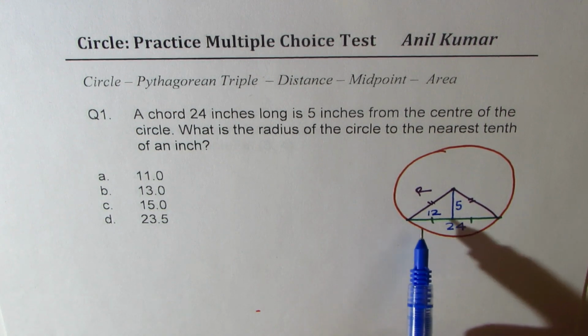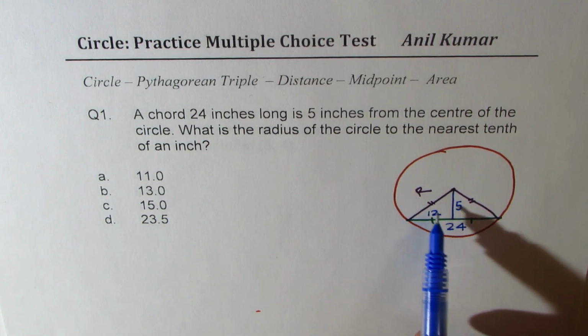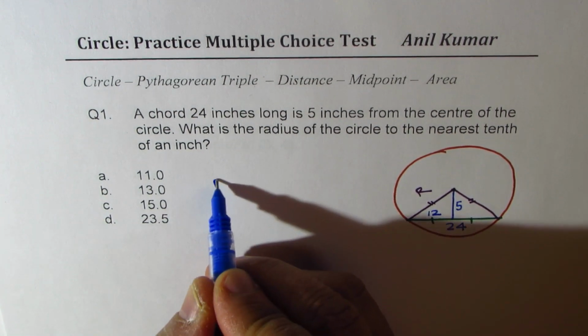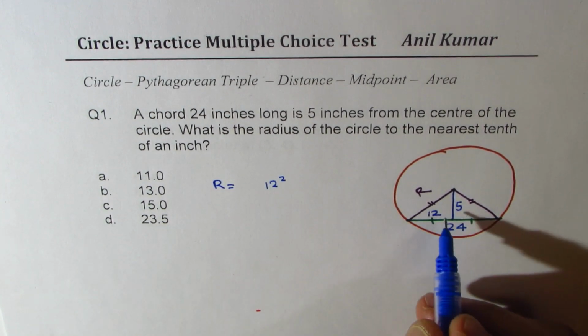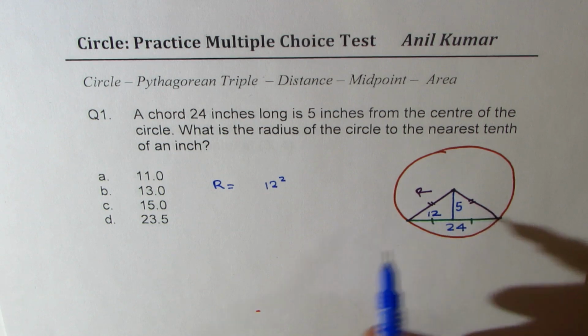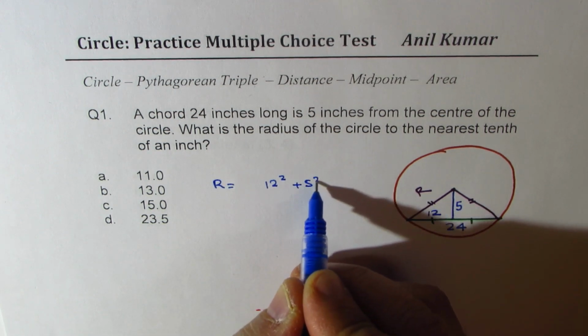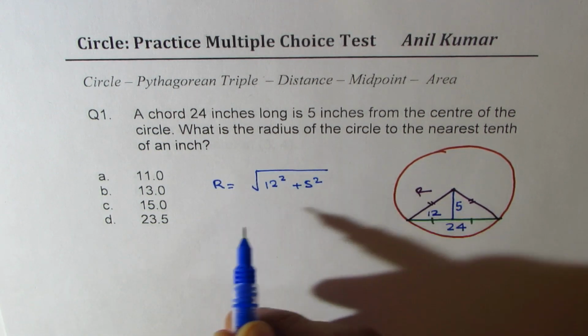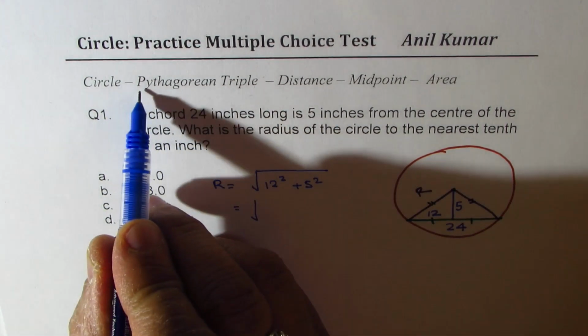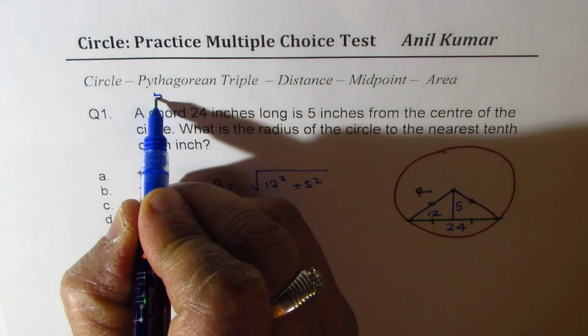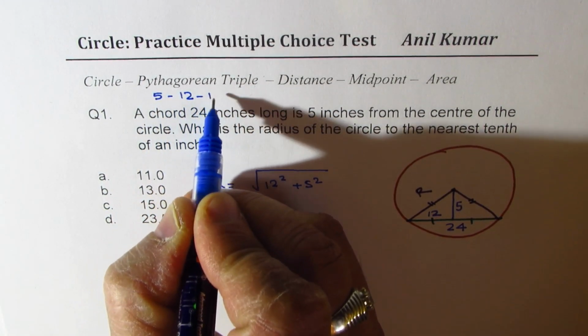Now, if you know Pythagorean triple, you know R should be equal to 12 square. Now, that is the longest side, so you need to add these two squares and then find the square root. Now, this clearly is 13, since we know a Pythagorean triple, which is 5, 12, 13.